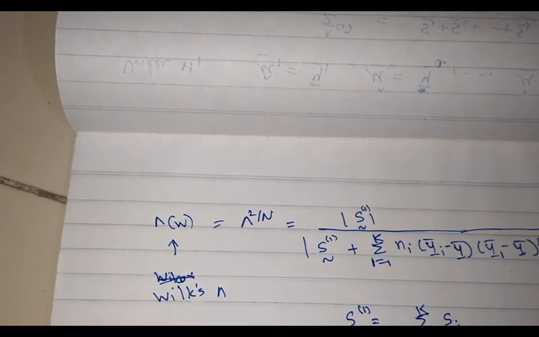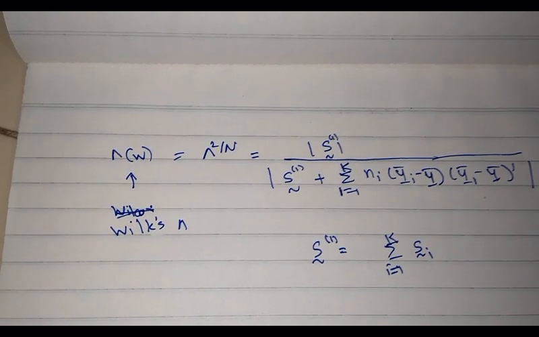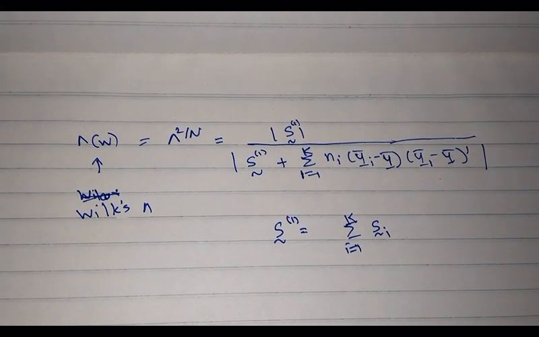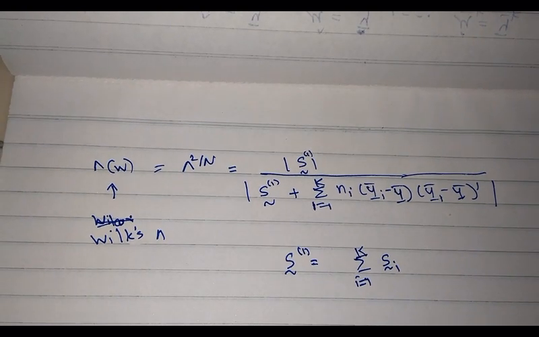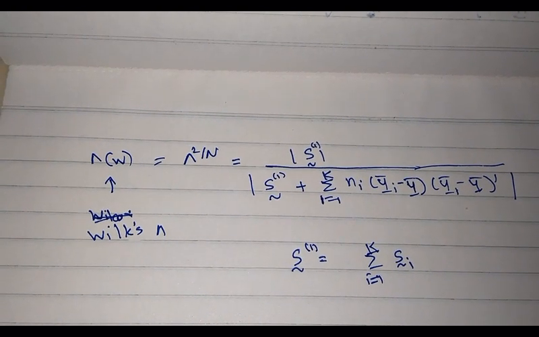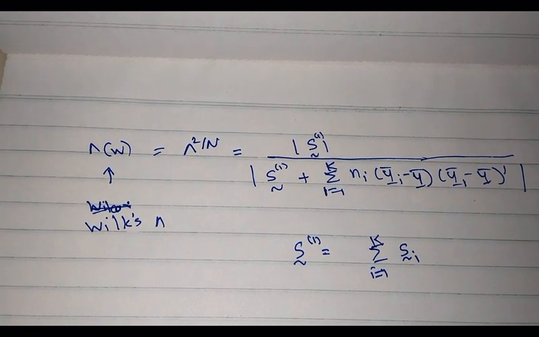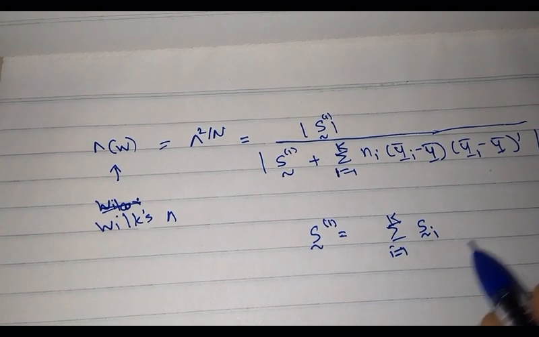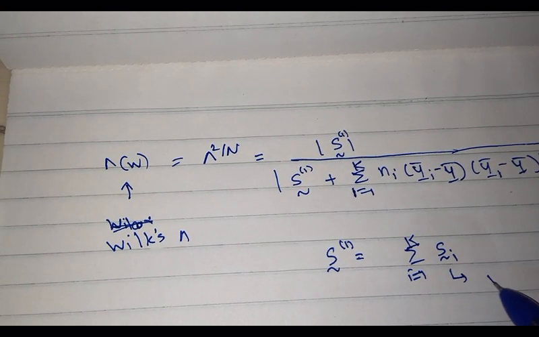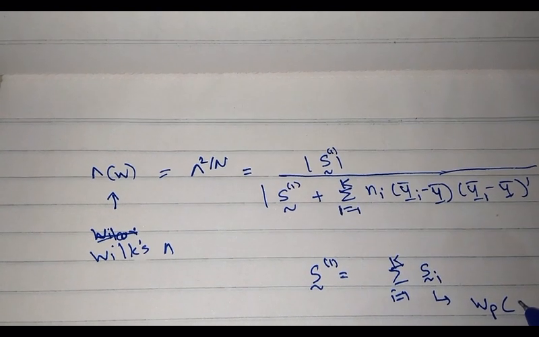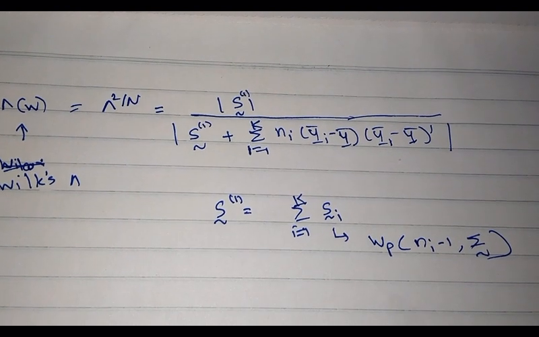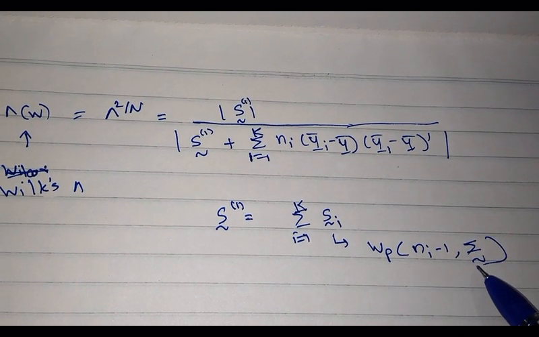Now, using this, we are going to have something similar to what we had in univariate ANOVA. In univariate ANOVA, we know the total sum of squares is divided into two parts, between group sum of squares and within group sum of squares. Here we have something similar. First of all, we know that S1 is the sum over the Sis, and each Si is p-variate Wishart with Ni minus 1 degrees of freedom and sigma.